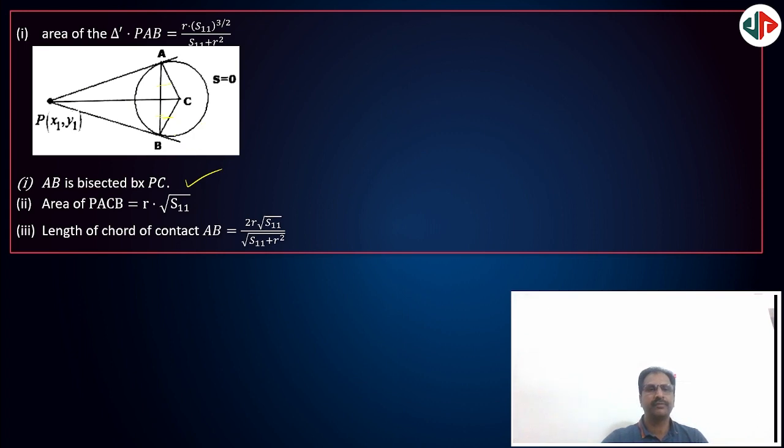And what is the area of PACB? PACB is a quadrilateral. The formula for the area of PACB is R into root S11. And the area of triangle PAB, this is the triangle formed by the two tangents drawn from P and the chord of contact, is R into S11 power 3 by 2 by R square plus S1.